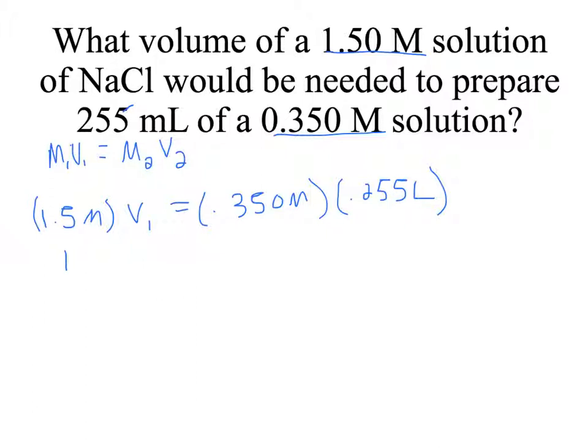Let's figure this one out. We have 1.5 V1 equals, multiply those two together, we get 0.089.